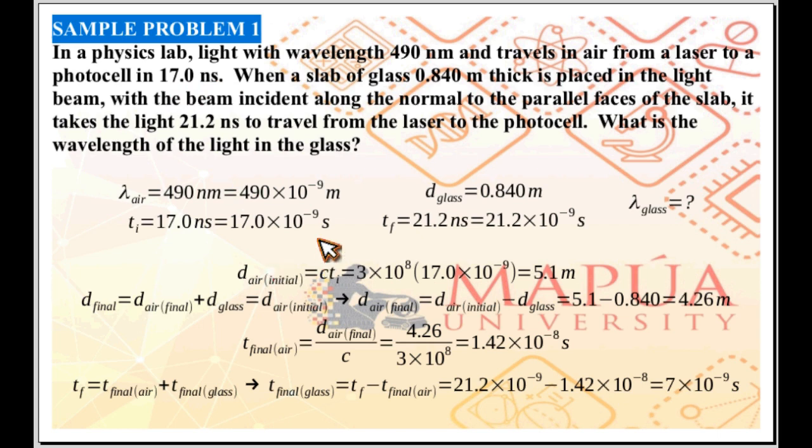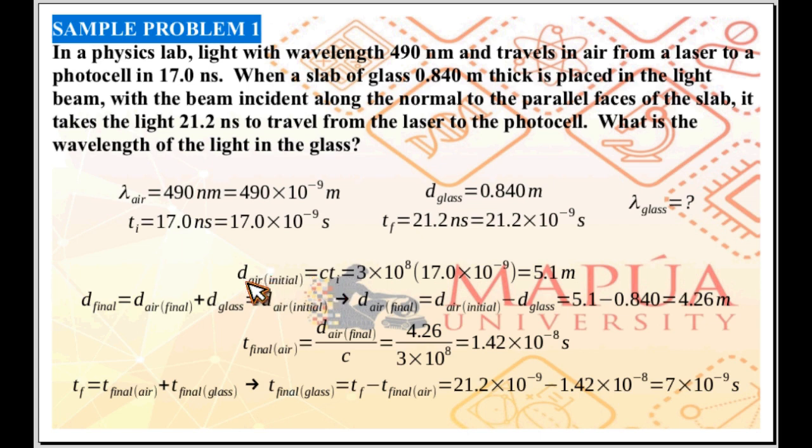Knowing that the medium is air, the speed of light in air is basically the same as the speed of light in vacuum. Knowing that light is traveling in air, we know the speed of light to be c. c is constant.